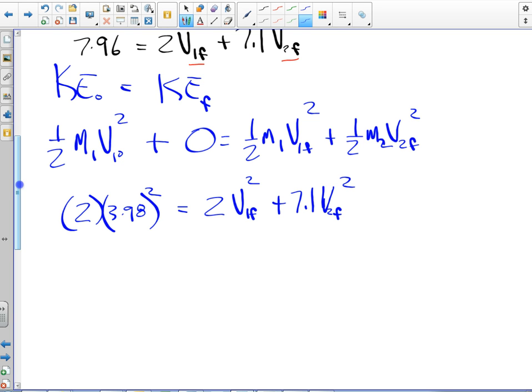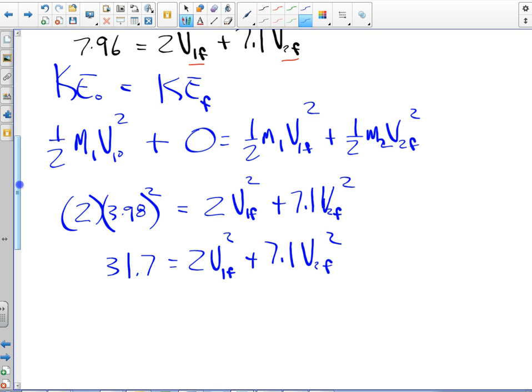That's going to give us, over there on the left, 31.7. I'm going to round more than you probably should just because of limited space and time here. Equals 2 v1 final squared plus 7.1 v2 final squared.